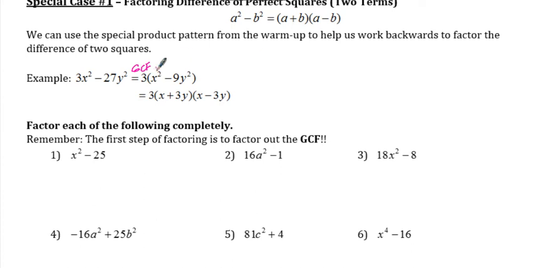If this is a squared and this is b squared, follow the template that we have. We find out that the original thing was x, and the original thing here was 3y, so we build an x plus 3y and an x minus 3y. We make a note for ourselves that a must have been x, and b must have been 3y, and we make use of those a's and b's in our little template here to build the final answer. That's how these work.